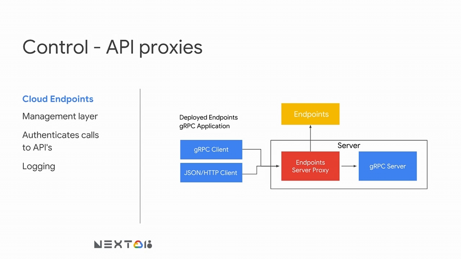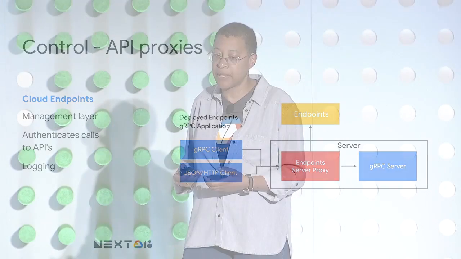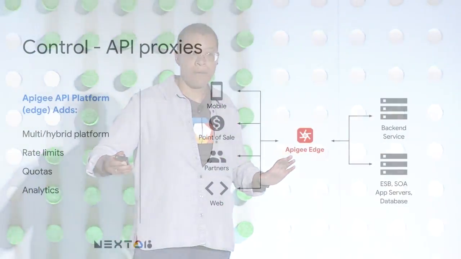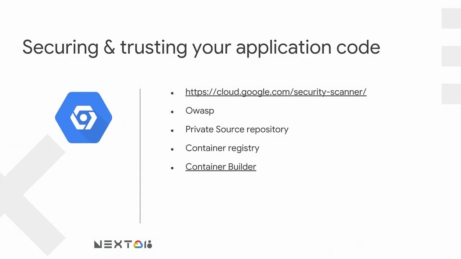It provides a management layer, and it will authenticate calls to the APIs. If, however, you want more enterprise-type features, and it's multi-platform, then Apigee API Edge will be the one that you should be looking at. So IAP is for your users, and API proxies are for the authentication of your APIs.